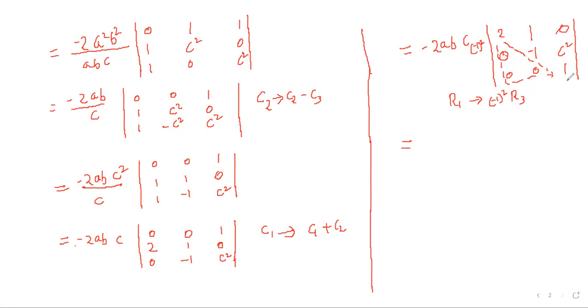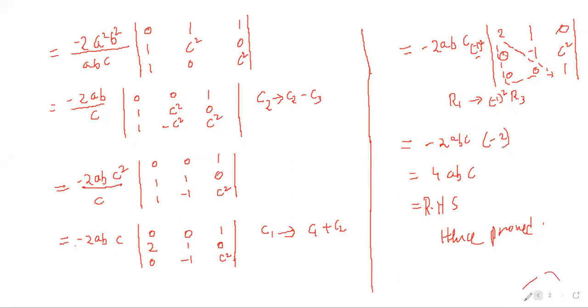So we can find the value of determinant by multiplying only the diagonal elements, 2 into minus 1 into 1, which is minus 2. So minus 2 into minus 2 is 4ABC, which is the result. Or if you write both the steps, minus 2ABC, minus 1 whole square is plus 1, into 2 into minus 1 into 1 is minus 2, and its product is 4ABC, which is your right hand side, which we have to prove in this question.